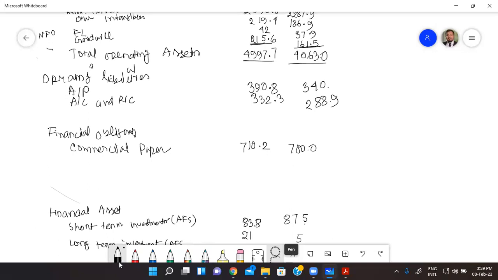Then accrued occupancy cost. How much is it in 2007? It is 74.6 in 2007 and 54.9 in 2006. Then accrued taxes under the current liabilities, and these are also part of operating liabilities.